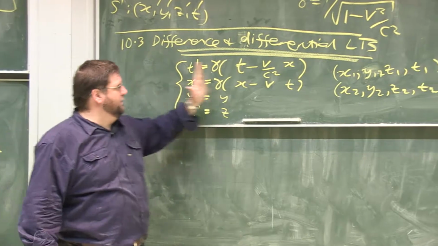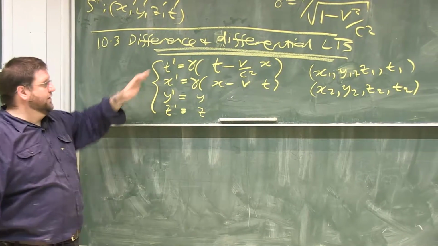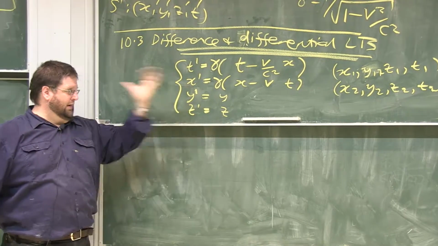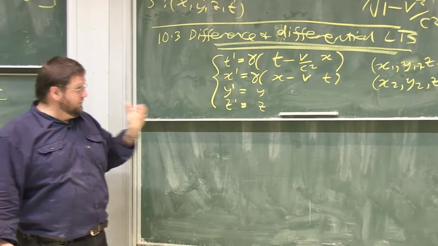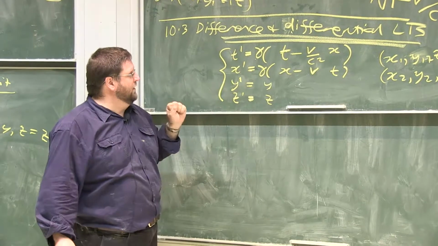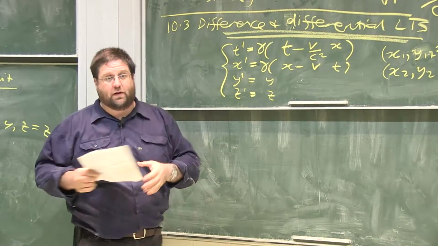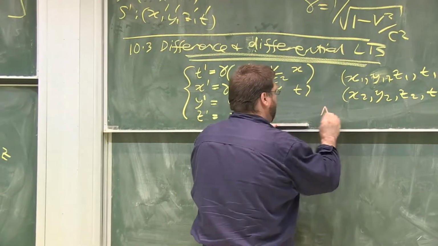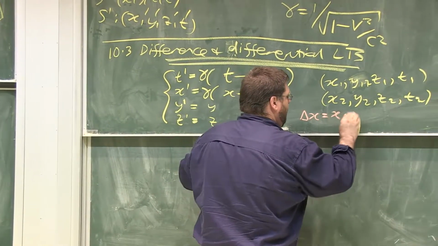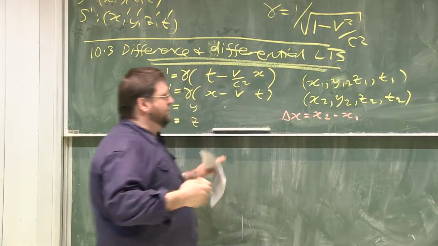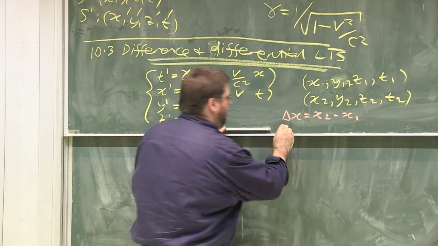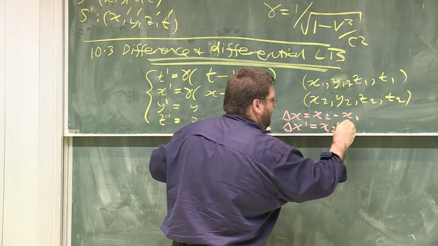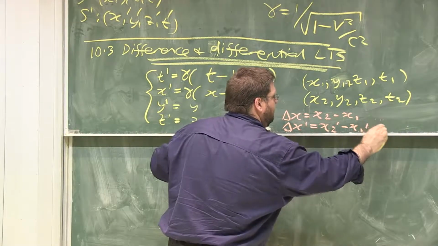So you could write this out with a 1 subscript on all the x, y, z's and t's, etc. You could write it out again for event 2, putting a 2 subscript on everything. Then you could subtract the equations, and you could define delta x equals x2 minus x1. Similarly for delta y, delta z, delta t. And similarly delta x prime would be x2 prime minus x1 prime, etc.